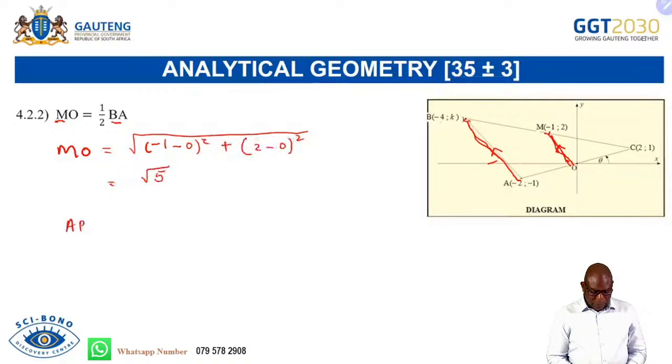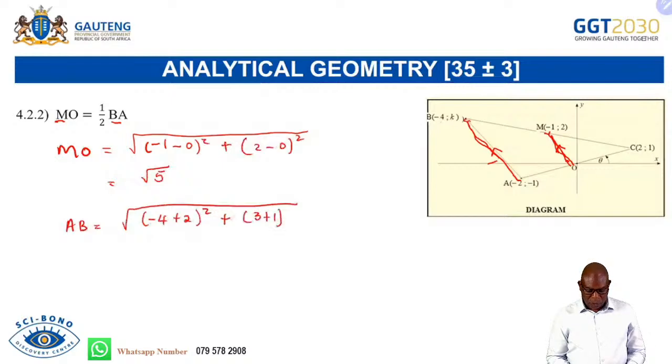The length of AB is the distance, which is going to be minus 4 plus 2 squared plus 3 plus 1 squared. If I work that one out, you get the square root of 20. And the square root of 20 will be 2 root 5.